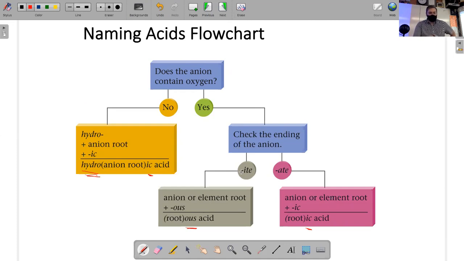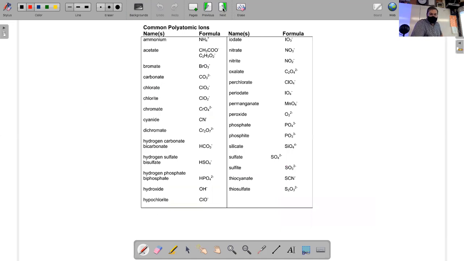If the name of the acid is hydro-ic, it was just from a binary acid just containing chlorine or bromine or fluorine or some other gas like that. All right. So that is nothing new about naming acids, but because we're going to work with solutions containing acids, it's very important to be able to identify acids based upon their names anyway.